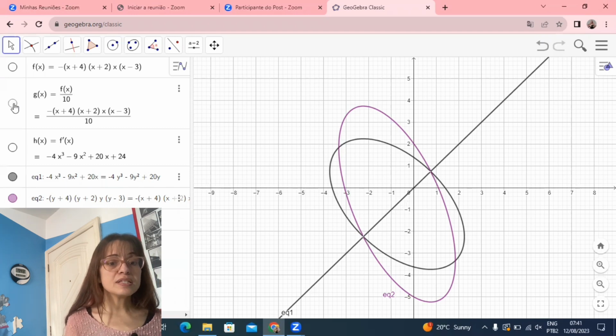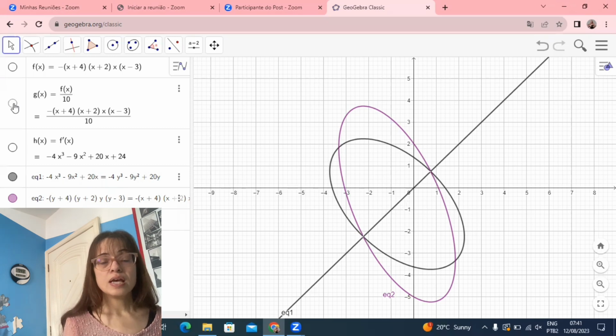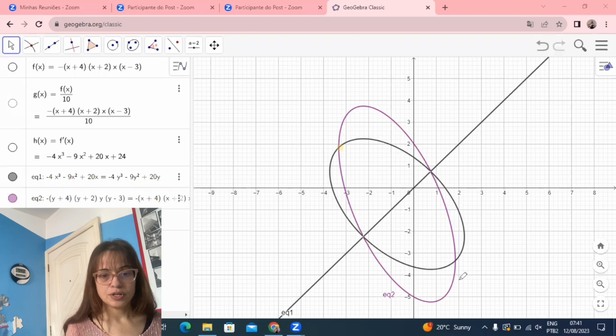So, like I was saying, each of these colors represents the points that satisfy one of the equations. And if I want to find the point that satisfies both equations at the same time, then what I'm looking for is the intersection of the two curves. So I'm looking for this point here or that point over there.